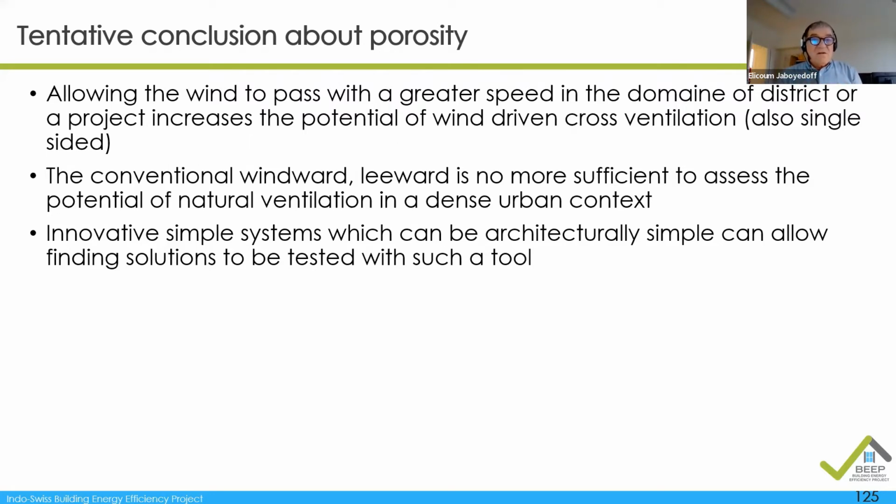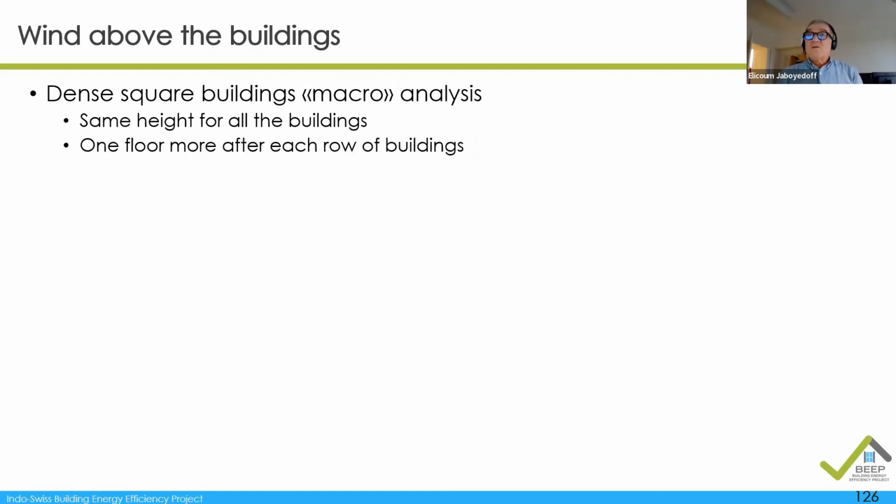So which means the conventional windward, leeward is no more sufficient to assess, and that's why you need the software able to visualize the flow. And then clearly there is a need to develop more innovative, simple systems which can just direct the wind into the buildings when having wind which is quite parallel to the long facade. So now we have another example, which is when you have wind above the building.